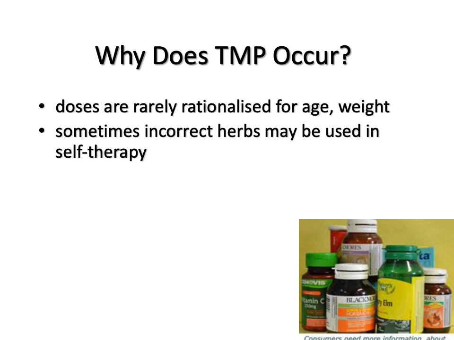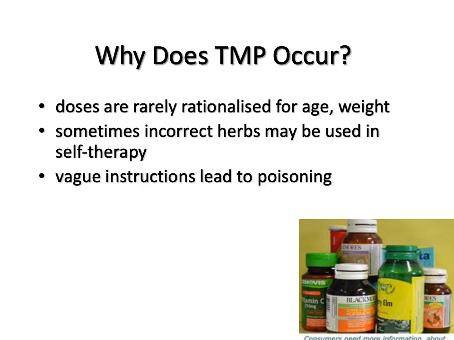And there were 1 or 2 cases where there were some toxicological effects which resulted in hepatotoxicity and renal toxicity. So sometimes somebody thinks that they know a certain plant, but makes a mistake and picks up an incorrect plant in the process.